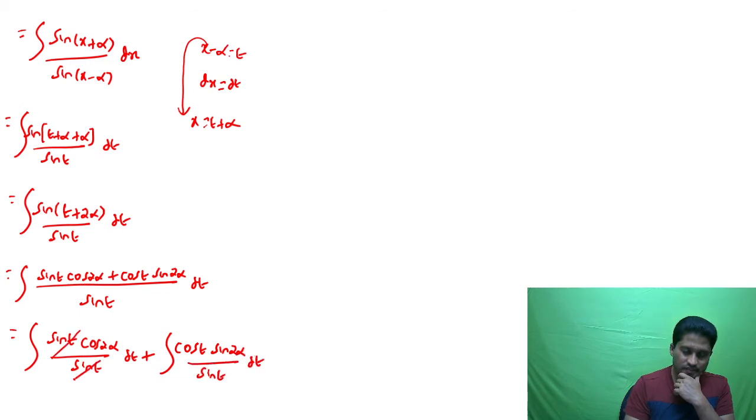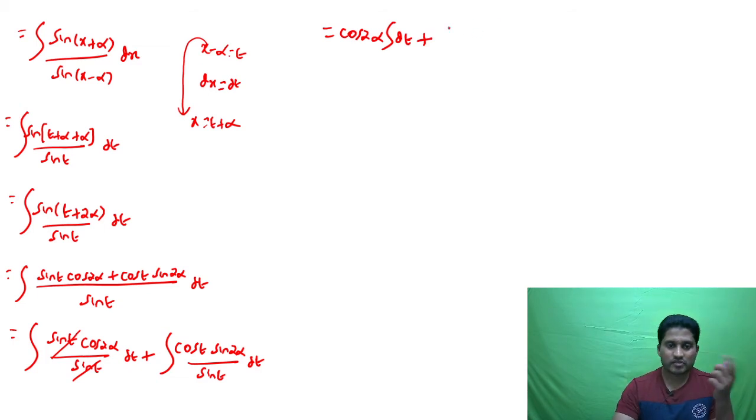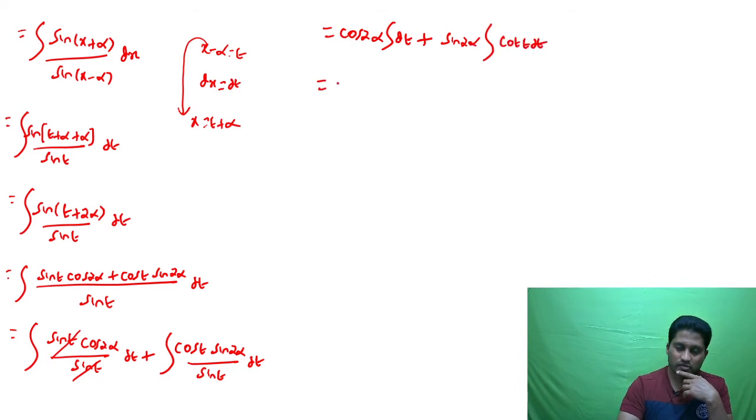Okay, I'm going to cancel this. Cos 2 alpha is a constant, I'm going to take it out. You understand? Again, sin 2 alpha is a constant, so I'm going to take it out. Cos by sin is cot, so you get cot t.